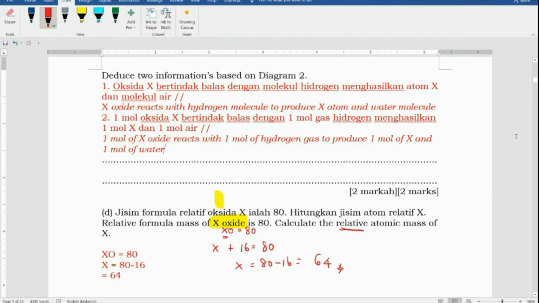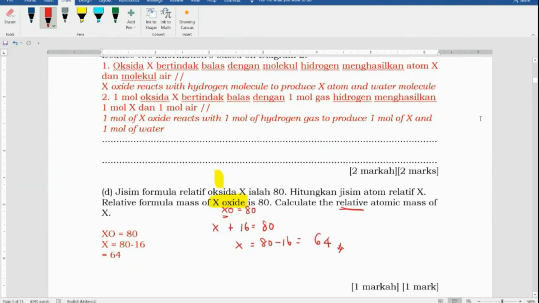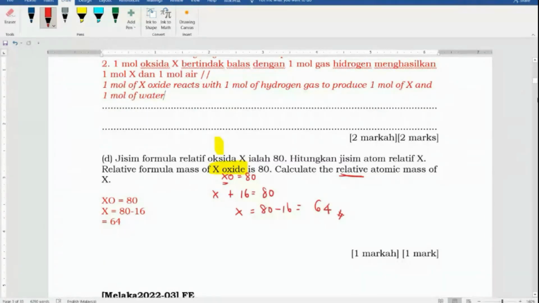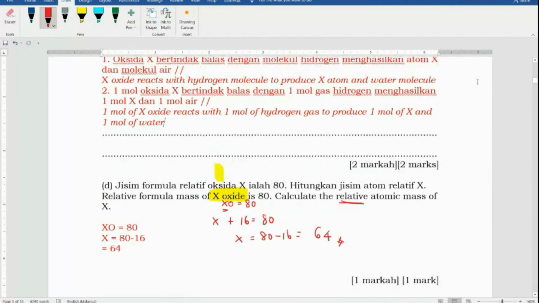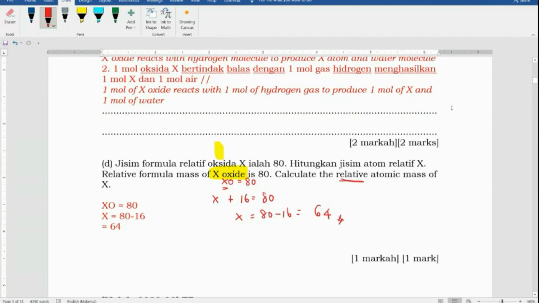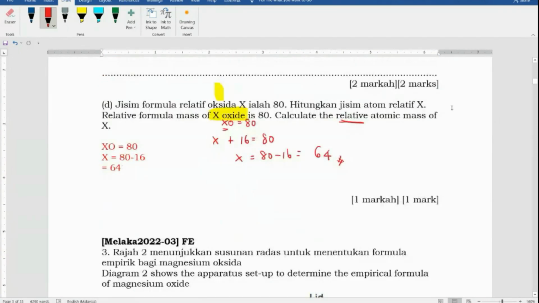Okay, Anand? Any question you want to ask? Don't be shy, please ask. Okay, now I would like you to try the Malacca question. This one is the empirical formula.